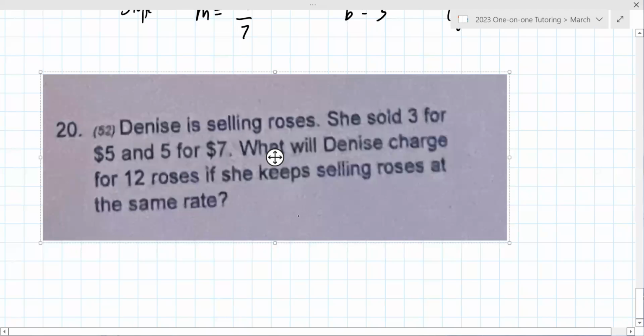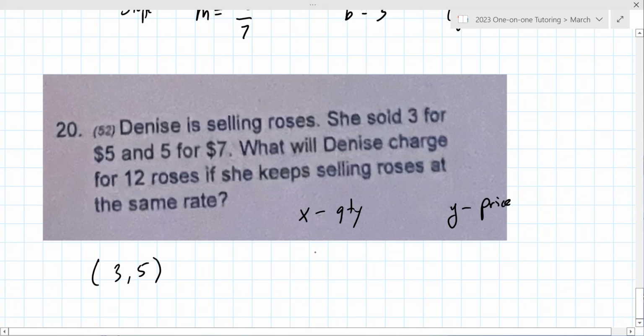So the x in this case, your input is the quantity, and your y is the price. It's like, tell me how many you want, I'll tell you the price. So that's the ordered pair here. It's 3, 5, and then 5, 7 for your two ordered pairs.